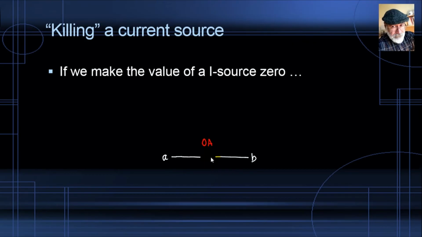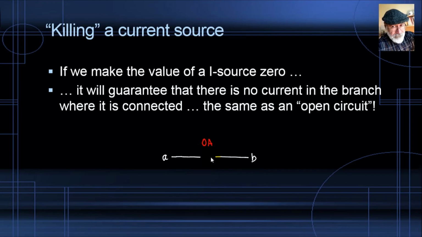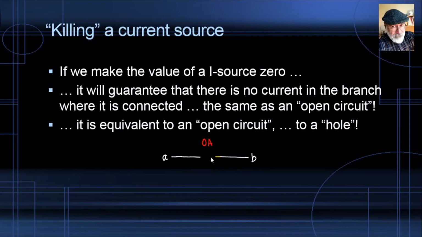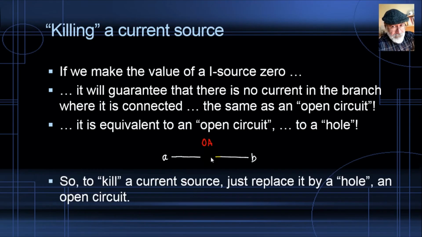The current in the branch would still be 0. So that is how we kill a current source. We replace it by an open circuit. We just erase it and leave a hole where the source used to be.